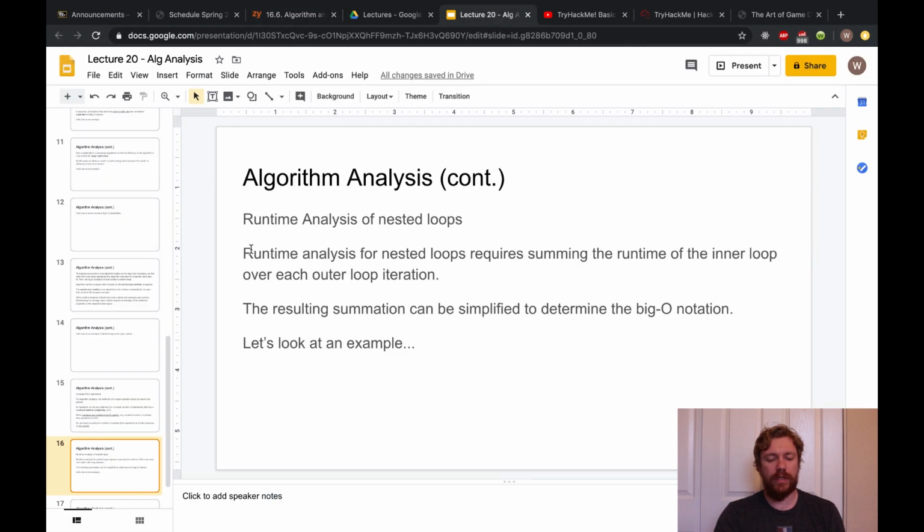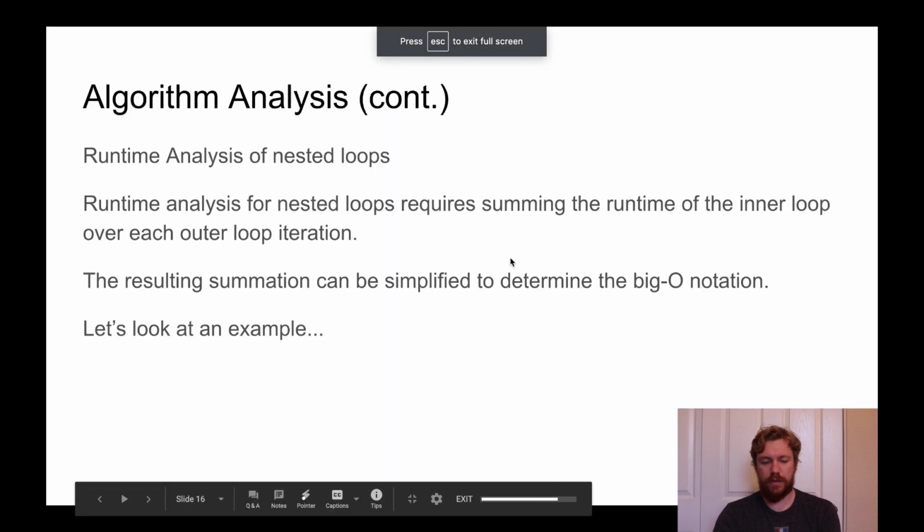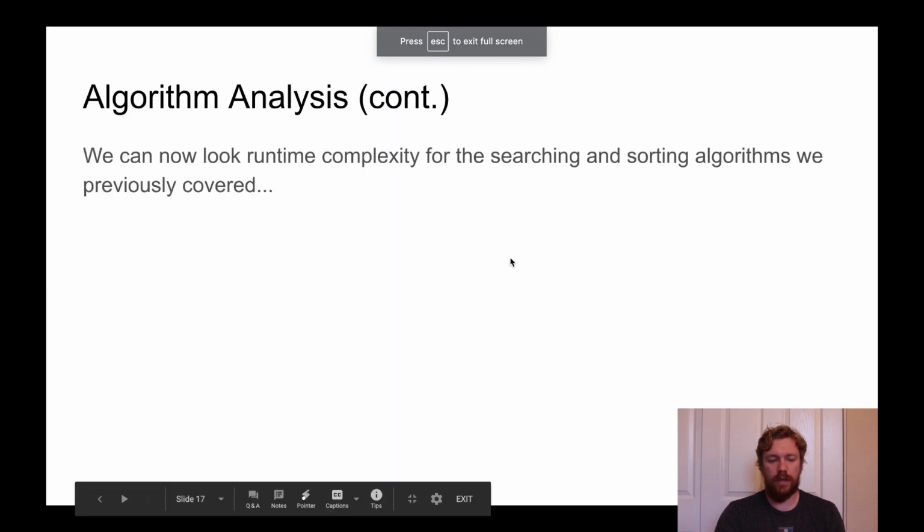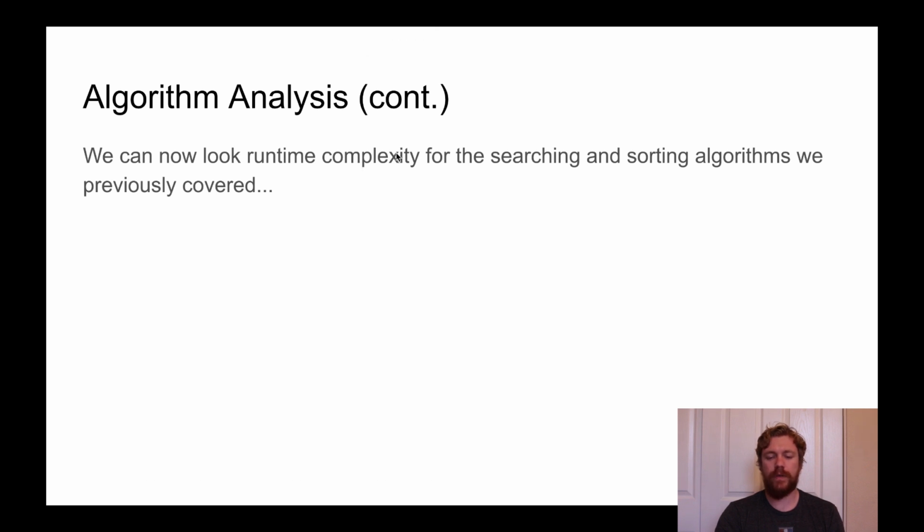So going back to the lecture slides, we can now look at the runtime complexity for the different searching and sorting algorithms that we had previously covered. We'll go back to zyBooks.